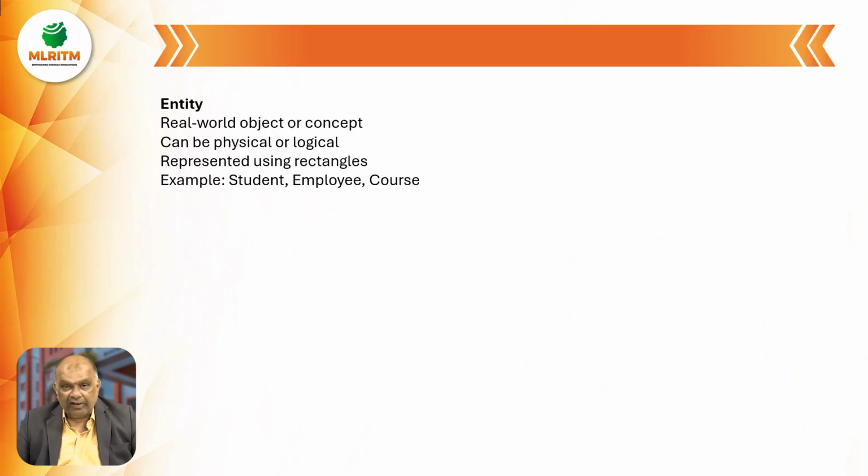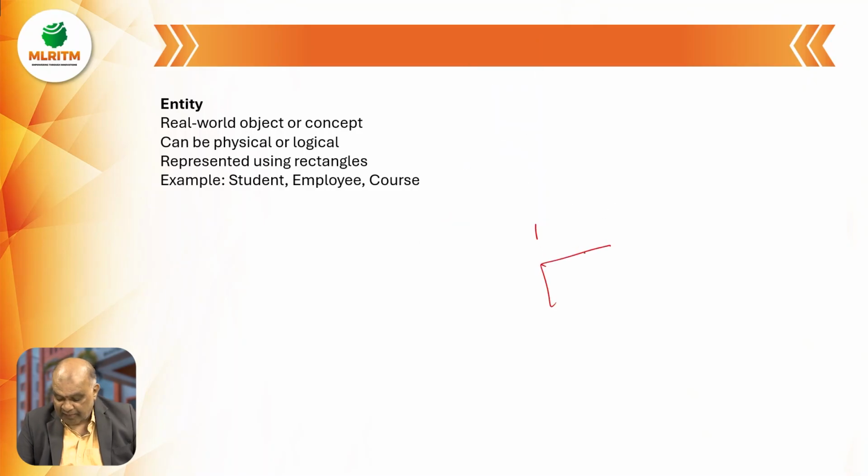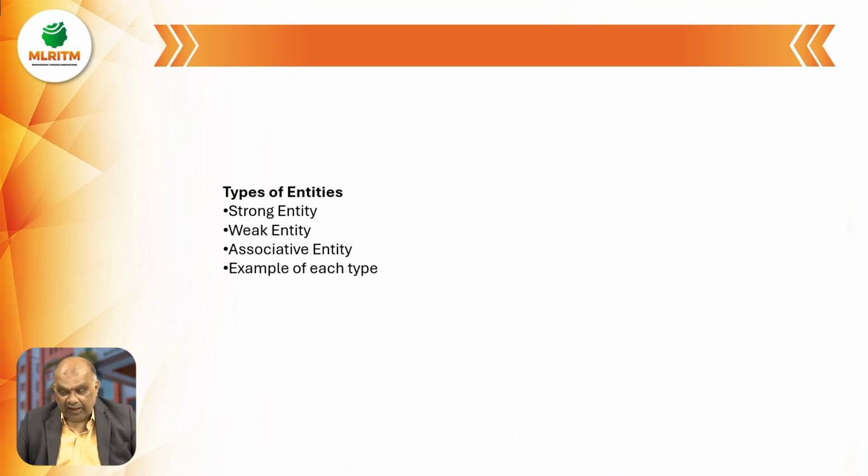Just to recap, an entity is a real-time object. It can be physical or logical. An entity is represented with a rectangle. Here, different entities are student, employee, and course. So types of entities, as I discussed in the ER diagram, are strong, weak, and associate.